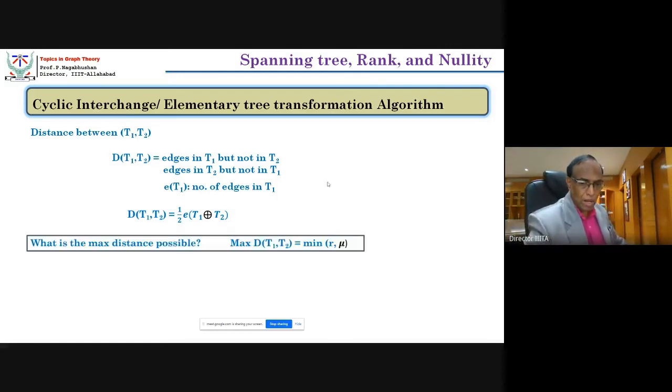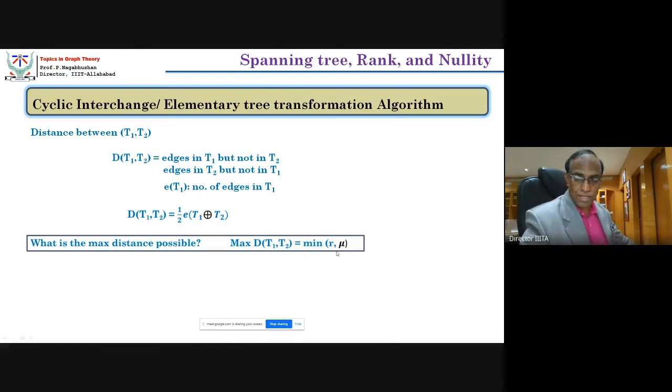Okay, I shall give you the answer. The maximum distance between two spanning trees could be the minimum of rank or nullity. Why? Rank is the total number of edges present in a tree. So you can think of a new tree where all R edges can be replaced, provided the cotree has more than R edges. Only then you can do it.